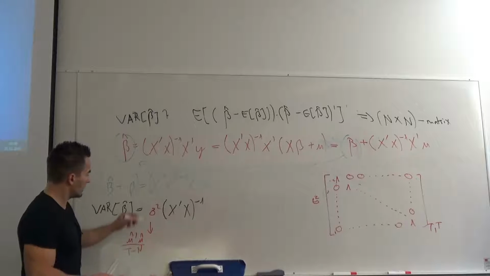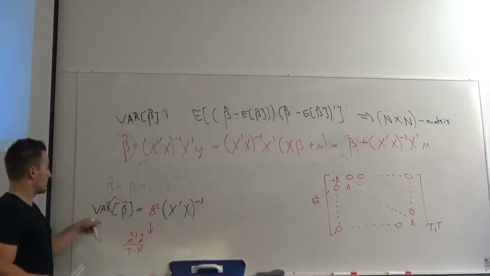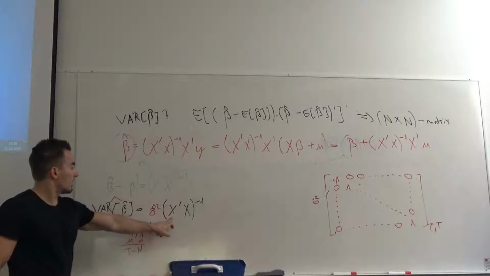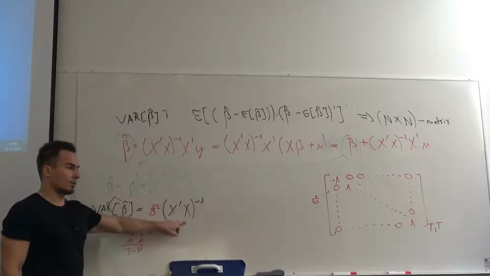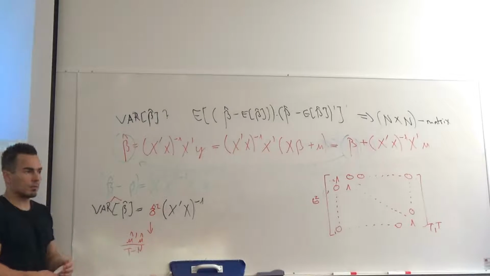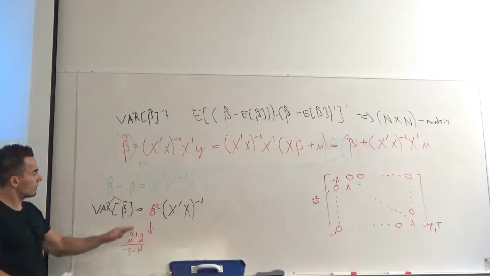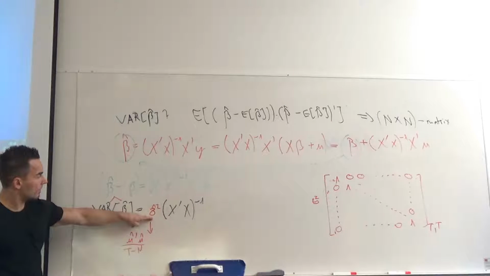This is then the estimated sigma squared, and this is then the estimated variance. And this guy here we get from the data. It's our regression matrix that we uploaded already in Matlab. That's it.